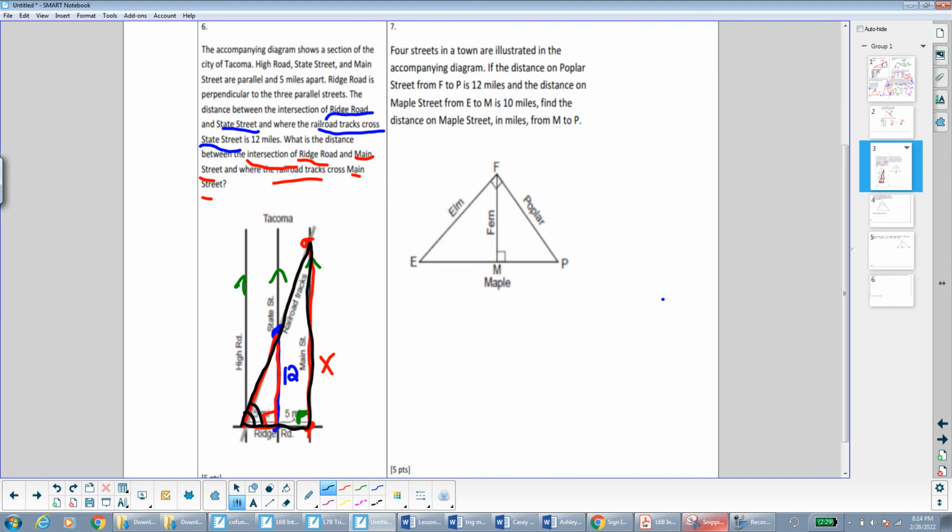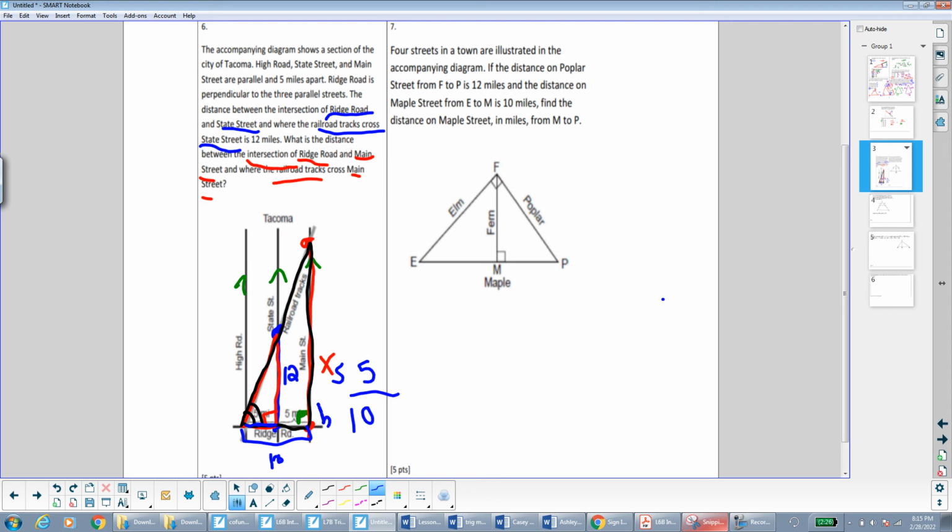So we do have similar triangles, which means the corresponding sides are proportional. So we can set up a proportion in order to find the missing side length of the big triangle. So let's think about what we do know. In the small triangle, I know that this side over here is 5. So that's from small triangle. And I know the corresponding side from big triangle is 5 plus 5, which is 10.